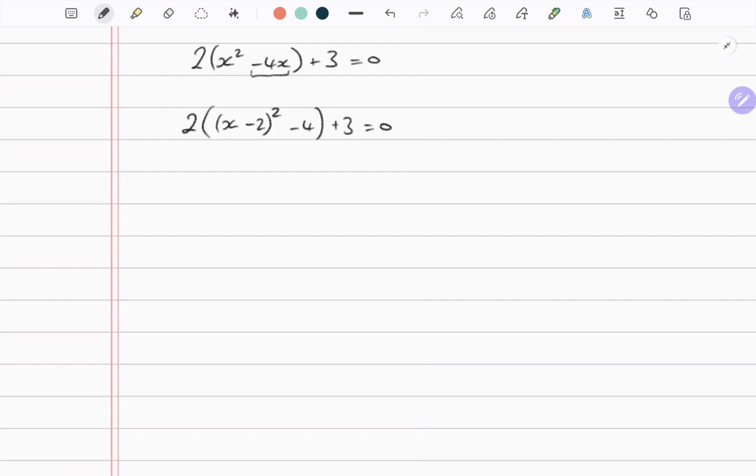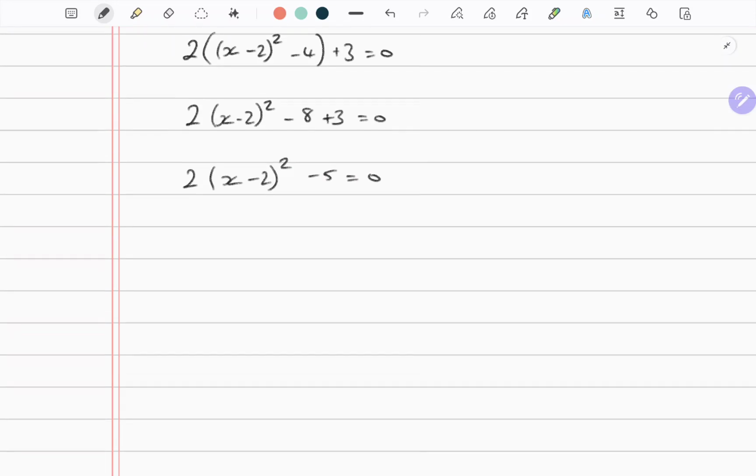The next step would be to open out one of those brackets. So we'll have 2 times (x minus 2) squared, and then 2 times minus 4 is minus 8, plus the 3 is equal to 0. Next step is to simplify those constant terms: 2 times (x minus 2) squared minus 5 equals 0.